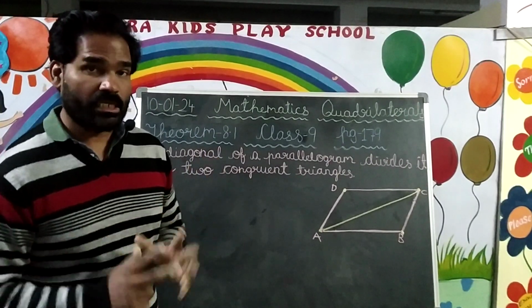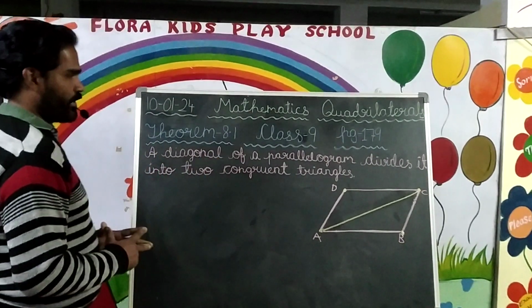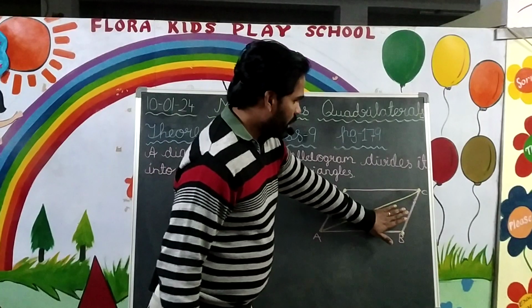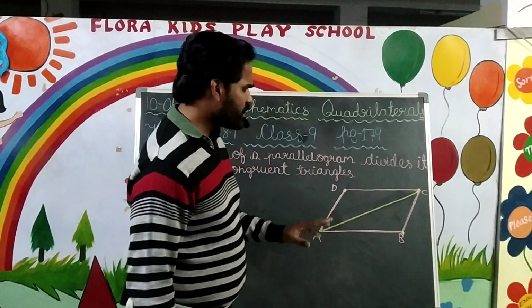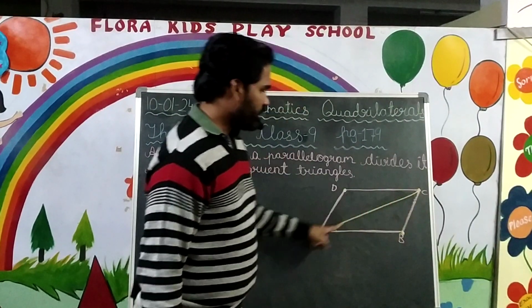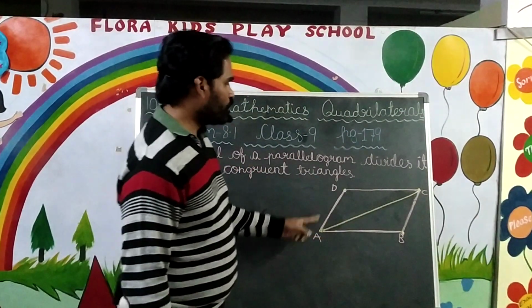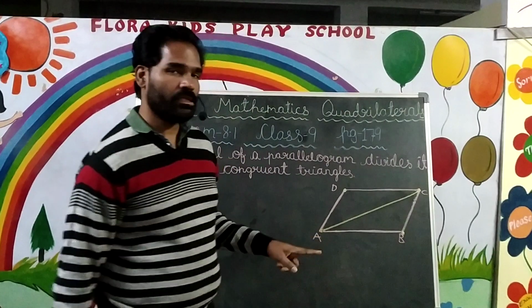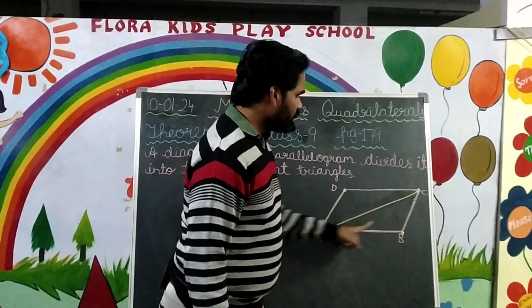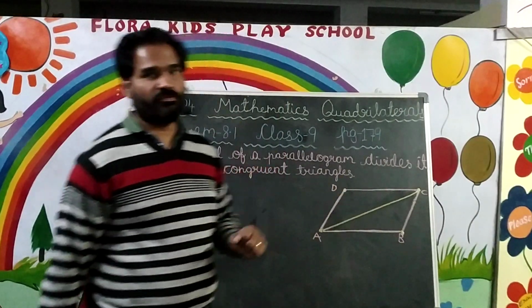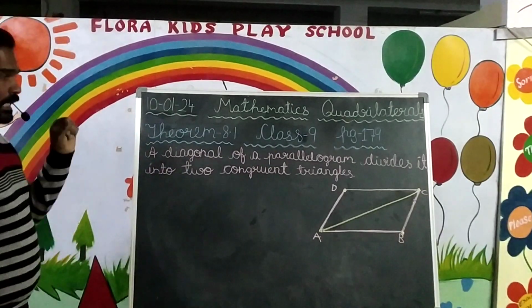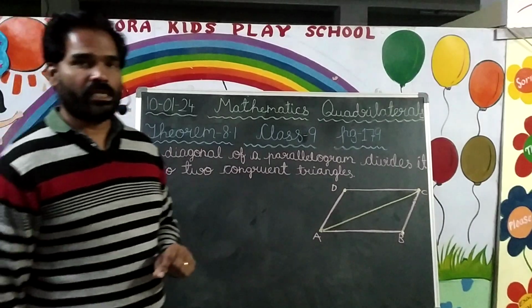Such triangles are said to be congruent triangles. So triangle ABC and triangle ADC are both congruent. It means that the three sides of triangle ABC are equal to the three sides of triangle ADC, and the three angles of triangle ABC are equal to the three angles of triangle ADC. That's why they are called congruent triangles.